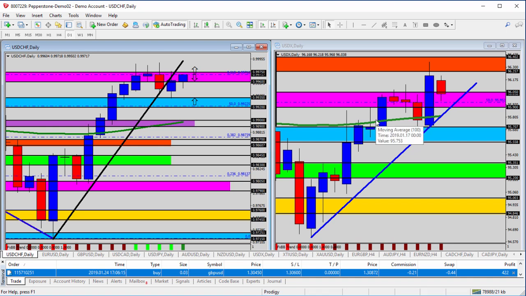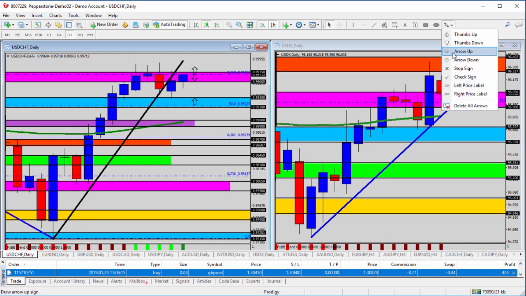On a daily basis we see a similar direction for the US dollar and the USDCHF, because the US dollar is a major currency within the pair. The reason I'm mentioning this is we saw the US dollar push through 96 yesterday, a strong bullish move, and it is now sitting on top of what, coincidentally, is a pink zone on the US dollar index as well.